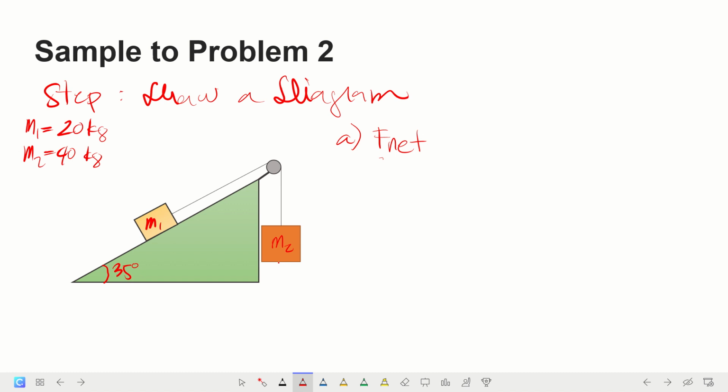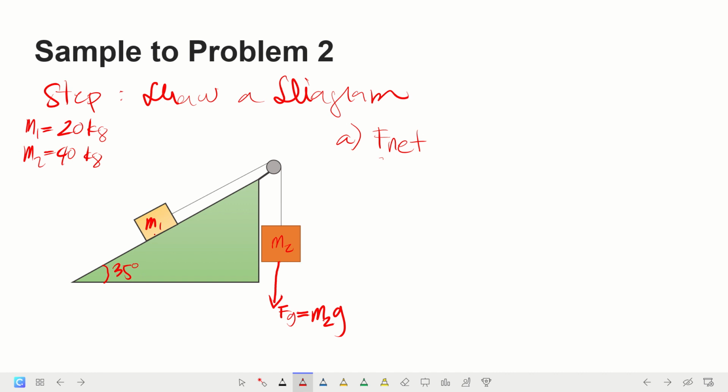So for mass number 2, the force due to gravity is directed straight downwards because this is hanging vertically over a pulley. So yan yung ating mass number 2, the force that is acting on mass number 2, external force to be exact, which is equal to mass 2 times the acceleration due to gravity.